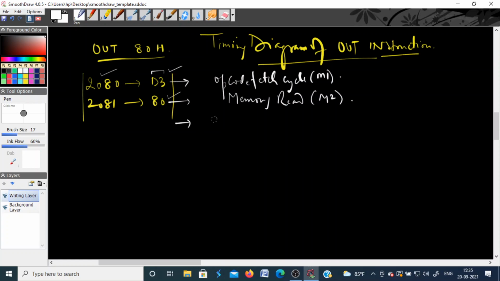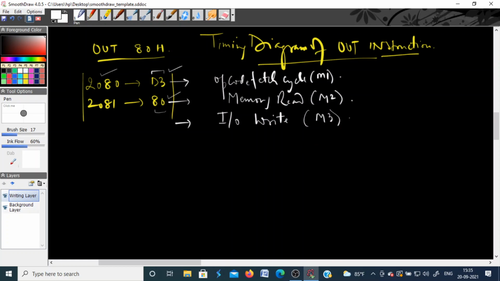In order to transfer the contents of the accumulator to the port identified by this address, the processor has to perform one more machine cycle, which is input output write. This will be done in the third machine cycle, that is M3.